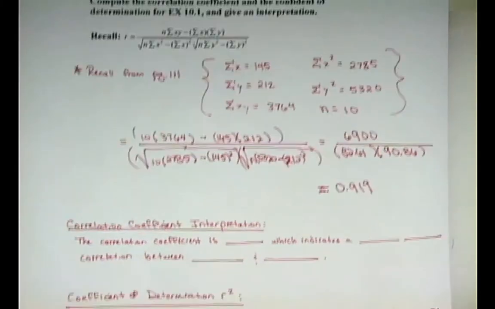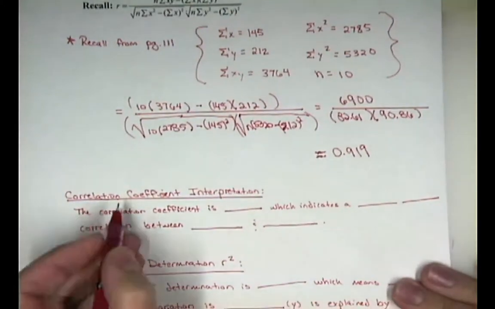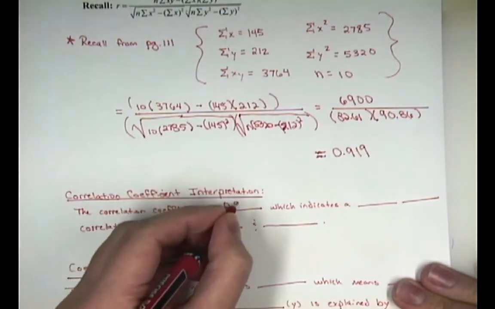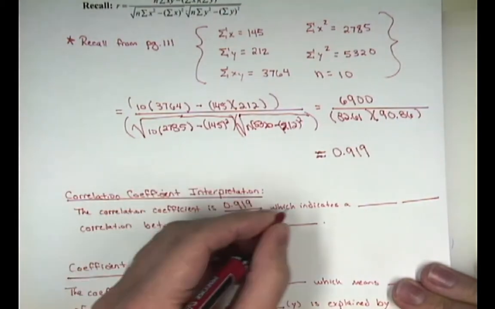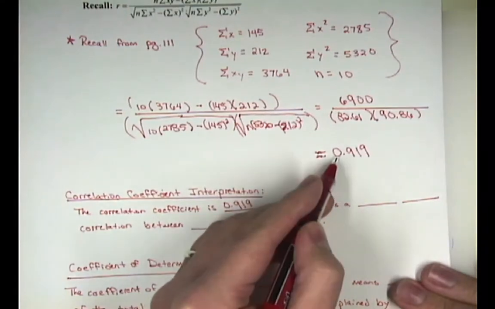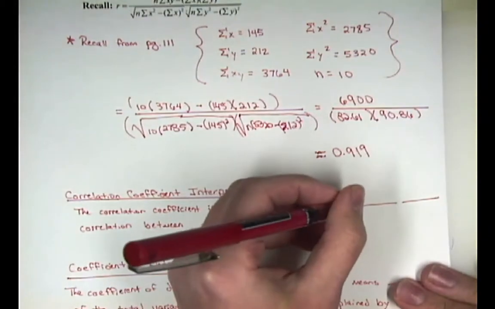Now if you want to do the interpretation, which I strongly suggest that you do, it's the correlation coefficient is, and you put in what it is, 0.919, which indicates, and now you want to talk about the relationship. Is this number positive or negative? It's positive, so it's a positive correlation.